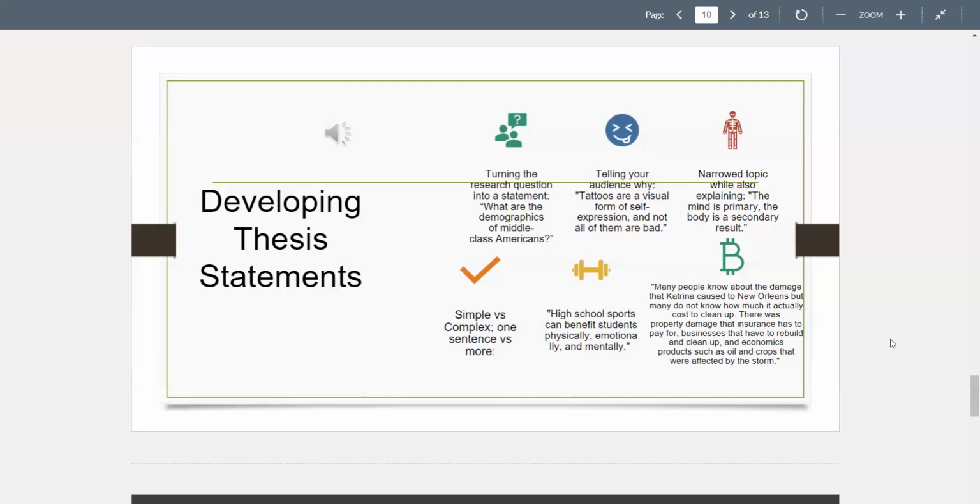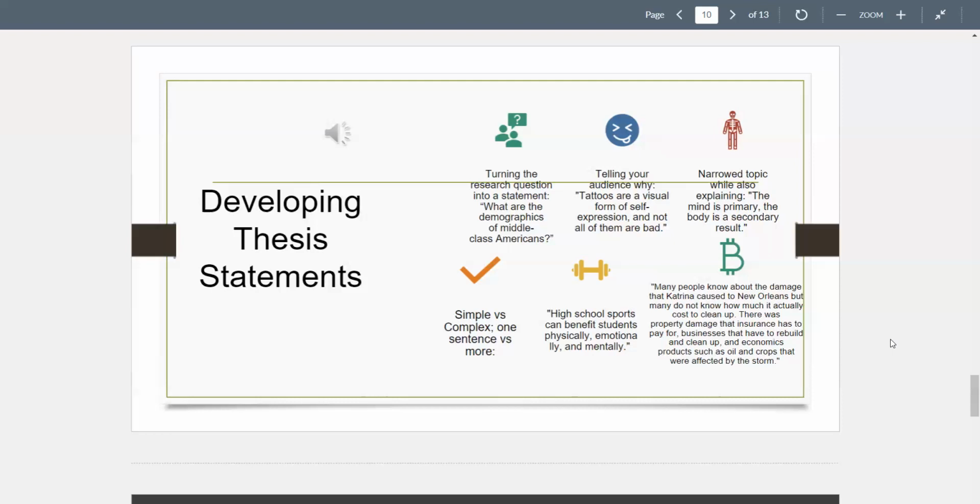You also need to make sure with your thesis statement that you're telling your audience why, but don't give away the whole point. You don't want to start explaining what you're going to talk about in the body of the paper, the meat of your ideas, but you need to give enough why this is important so that they want to keep reading. So something like tattoos are a visual form of self-expression and not all of them are bad. Well, most people these days have the attitude that they are visual self-expression, that they're not bad.